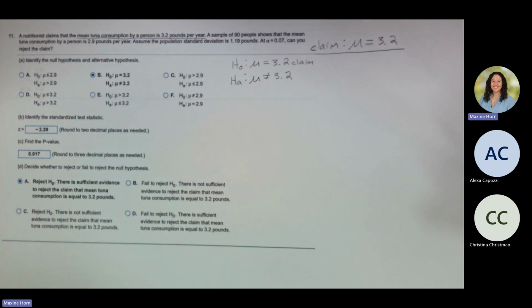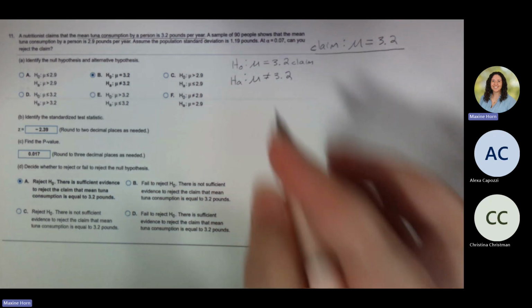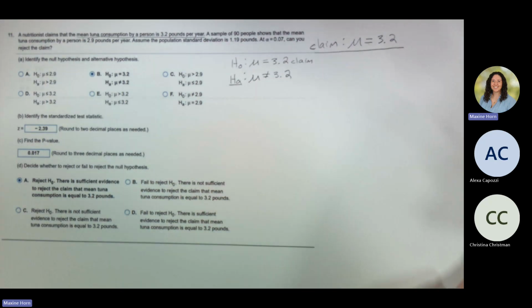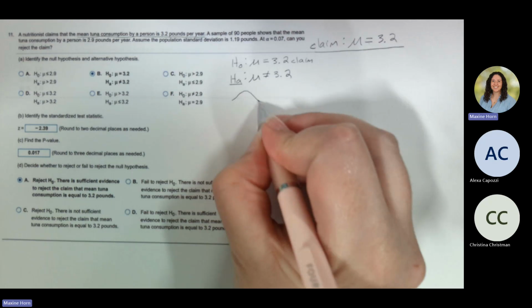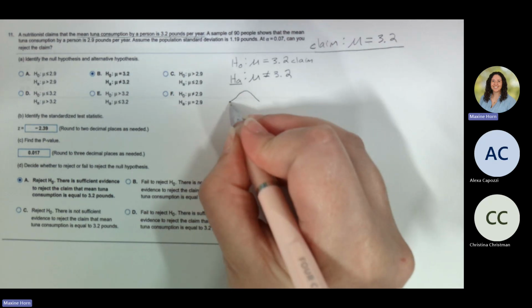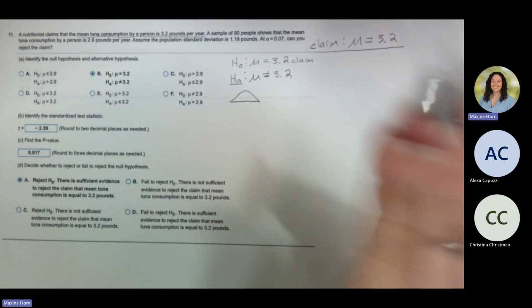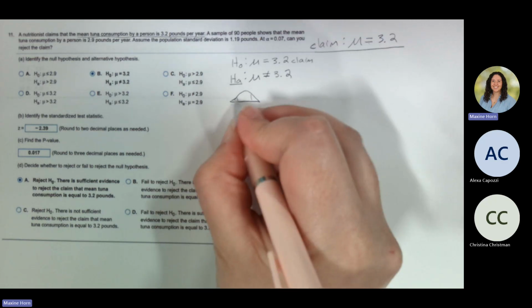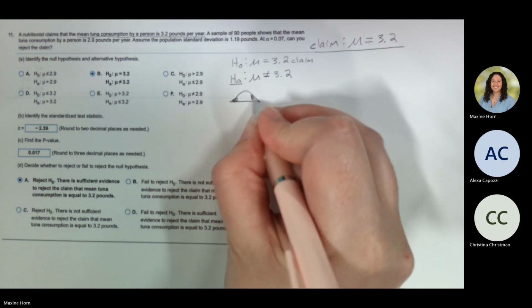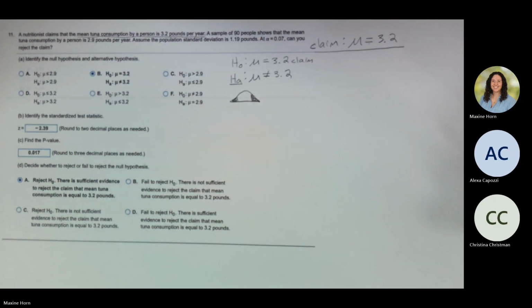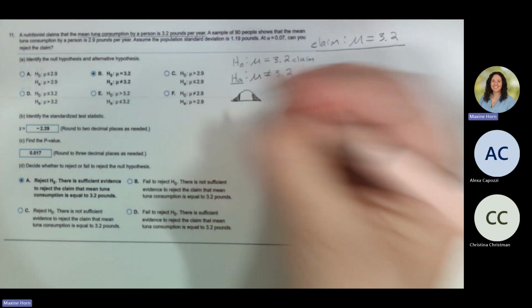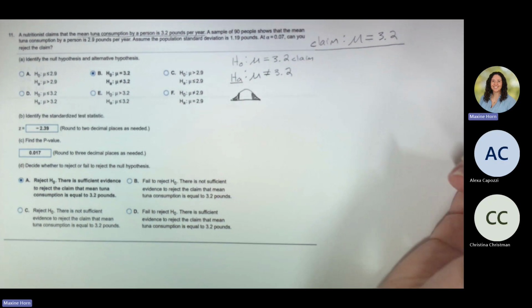The next step, now that we have both our null and our alternative, is that we're going to draw a picture based on the alternative hypothesis. If we have a not equal to, if you remember from one of the first ones that we did, not equal to is two-tailed. We haven't done one of these yet, but quick reminder, the area on that side and the area on that side should be even.